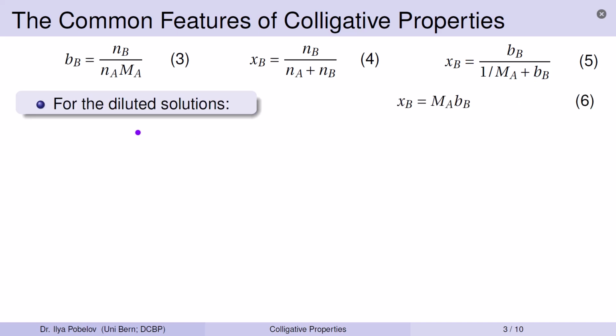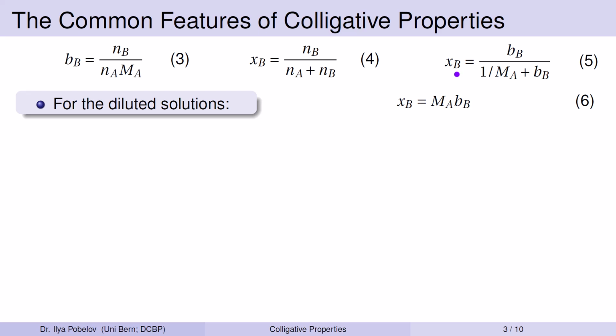For the diluted solutions considered in this module, the mole fraction and molality are substantially small. Then, the mole fraction of a solute B can be approximated as a product of its molality and the molar mass of the solvent.